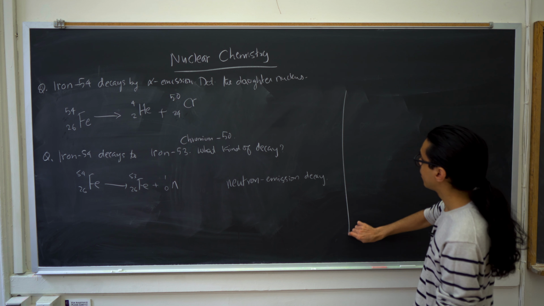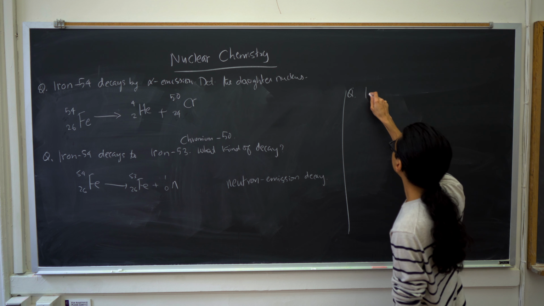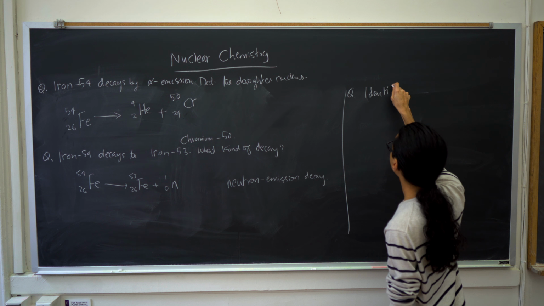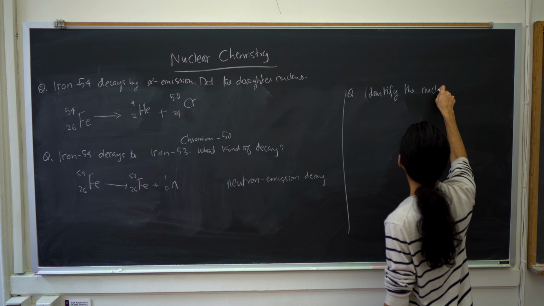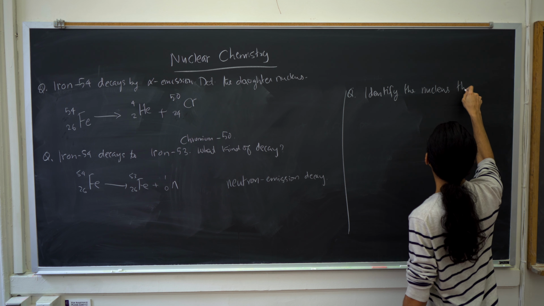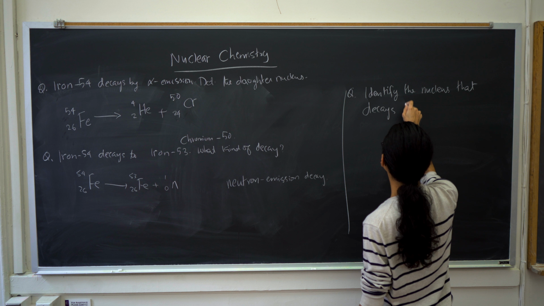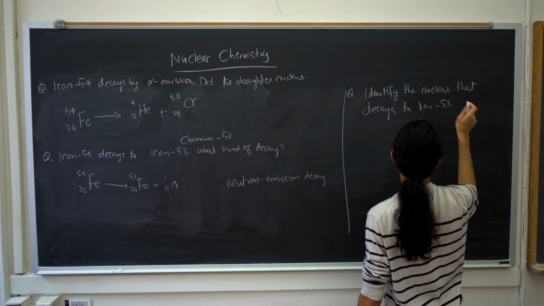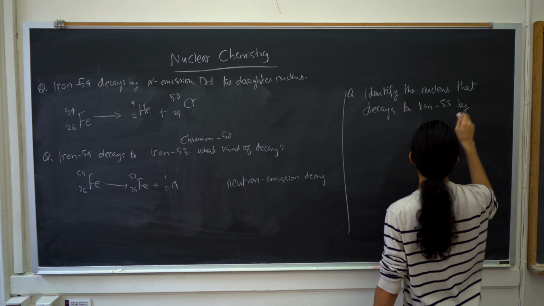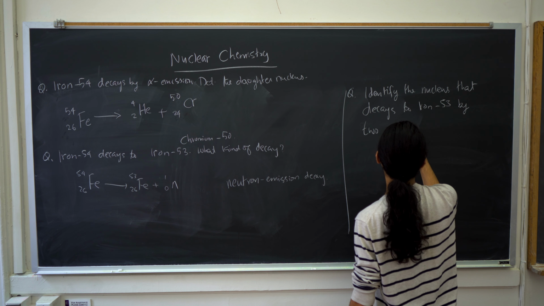Okay, here's another one for you. Identify the nucleus that decays to iron 53 by 2 alpha emissions.